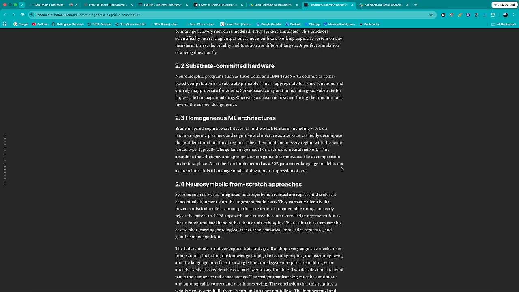Then they talk about homogeneous machine learning architectures, where you implement every region with the same model type, typically a large language model or standard neural network. This abandons the efficiency and appropriateness gains that motivate the decomposition in the first place. So, for example, a cerebellum implemented as a 70 billion parameter language model is not a cerebellum.